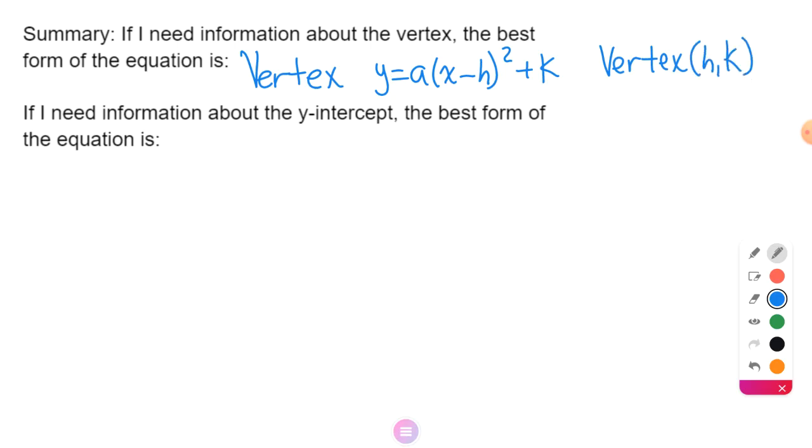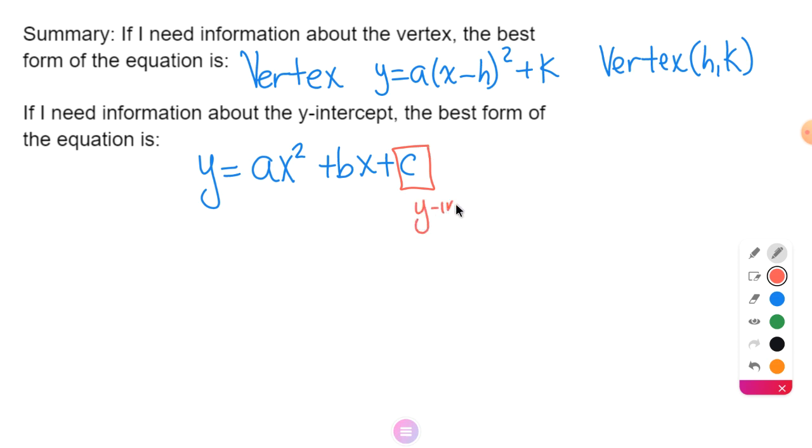But now if I need the y-intercept, that is better off in standard form, which we talked about today, and that c value is your y-intercept, if it's in standard form. All right, there we go.